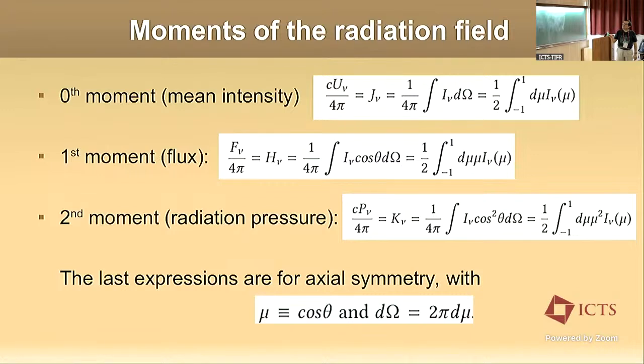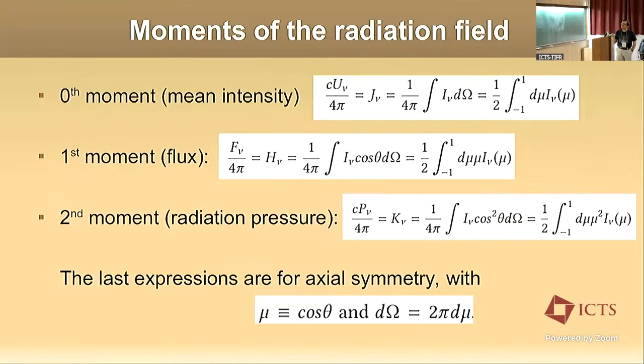This is the same as the flux, but divided by 4 pi. So they are not exactly the same quantity, but very closely related. And you can also do it in axisymmetric form, in slightly simpler form. And then you can do the second moment, which is actually the radiation pressure, or proportional to the radiation pressure, I should say.